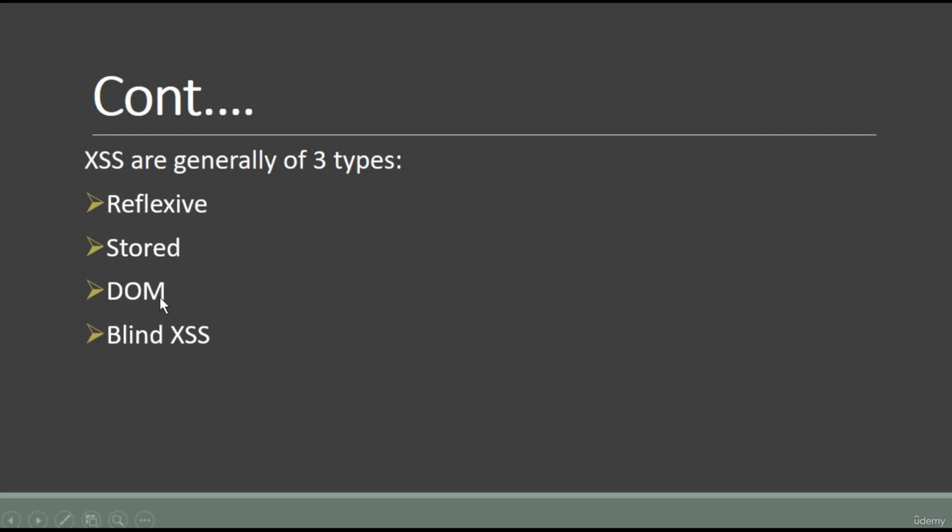All these four I will cover one by one in the upcoming videos. Reflected, definitely there is something which is going to reflect, and stored is definitely whatever input you give will be stored, right? We will discuss these types one by one, I will show you the lab practical on this, and also we will do the hunting.